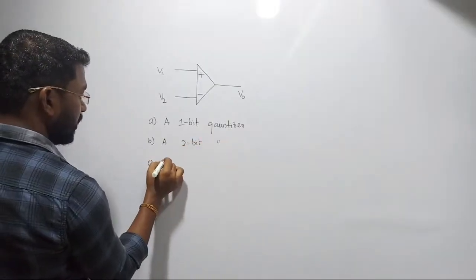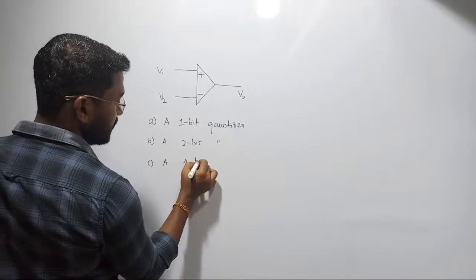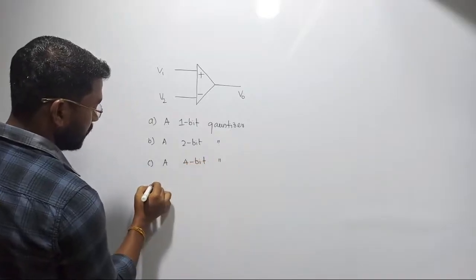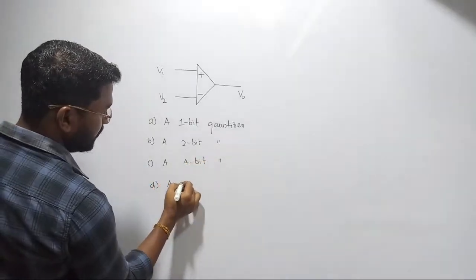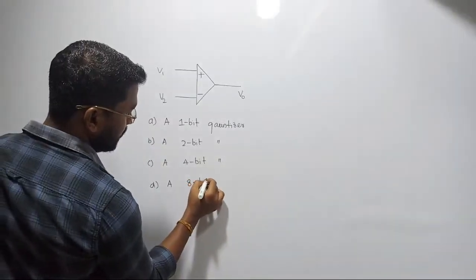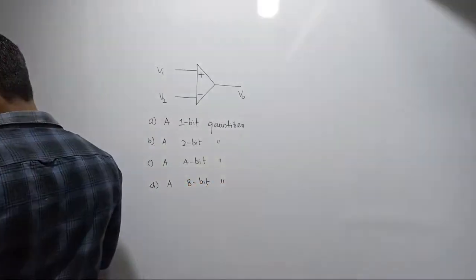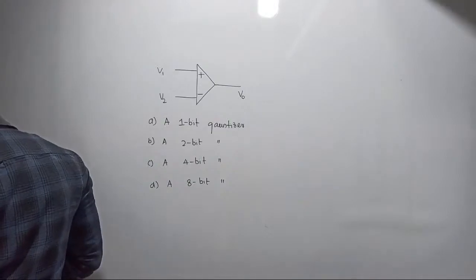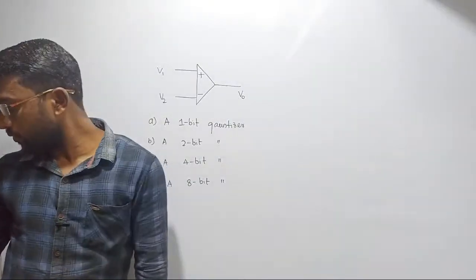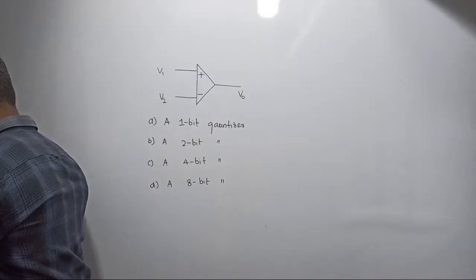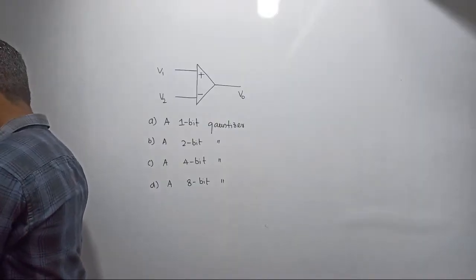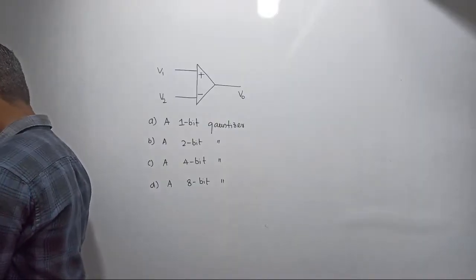Option C, it will act as a 4 bit quantizer. Option D, it will act as an 8 bit quantizer. So can you please post your answer? It is a very simple question. Now can you please tell me your answer? Post your answer, please.